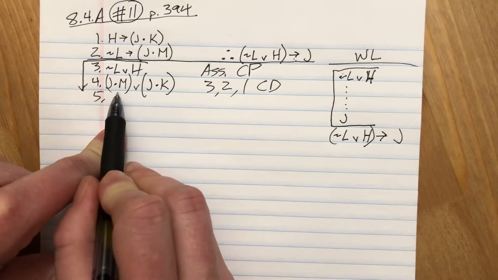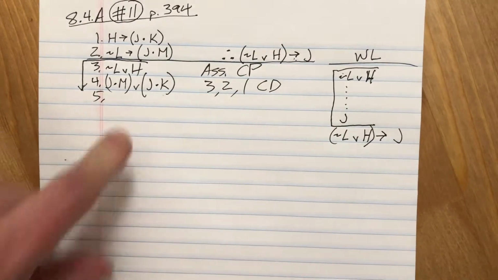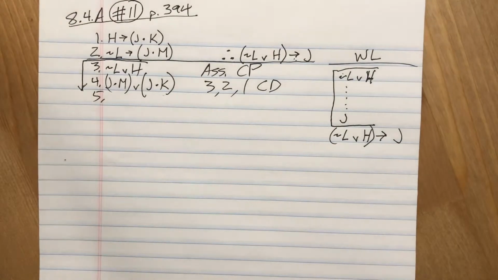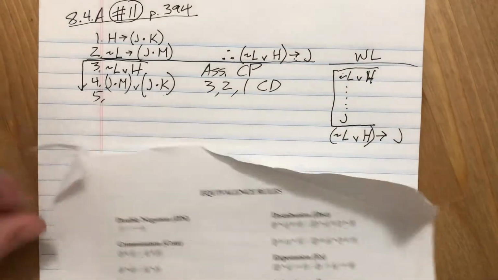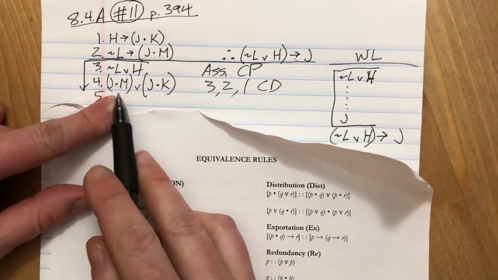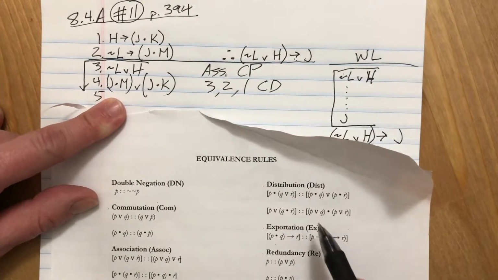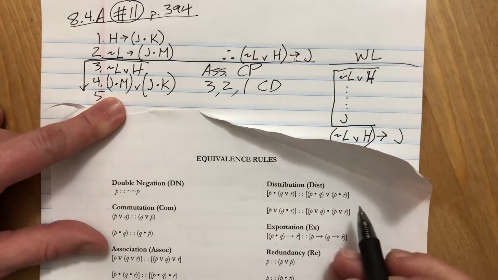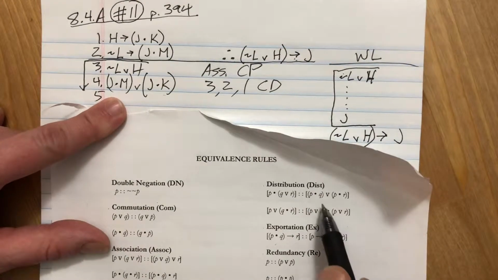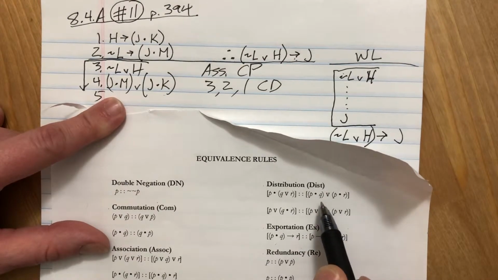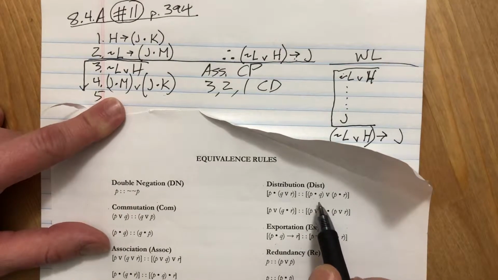And when you look through your rules, you might notice that this line 4 resembles something in distribution. Look at it, the right side of this version of distribution.